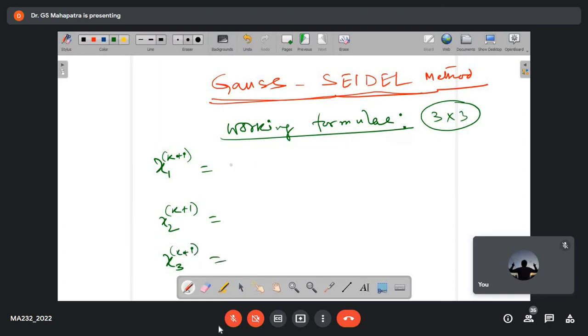Okay, so 1 by a11. What is the rest part? Minus a13 x3 (k).